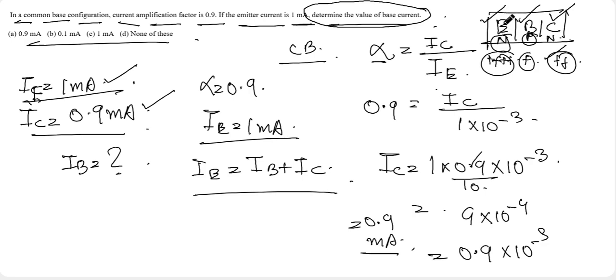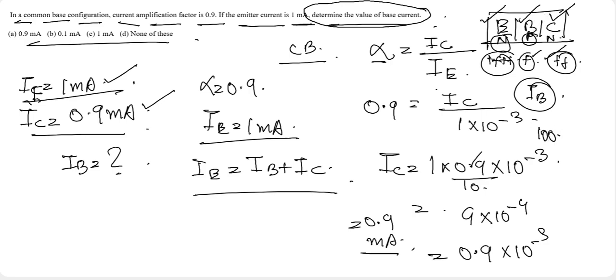So the electrons from the emitter terminal will enter into the base terminal, where they will recombine with the holes present in the base terminal, and from the recombination, the base current will arise. Here the doping is very low, so the number of holes present in the base is very low. So only a few holes recombine with the electrons.